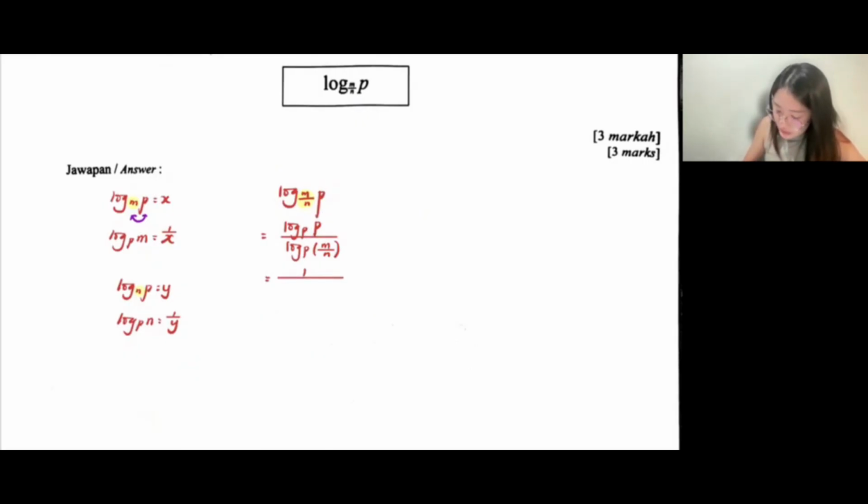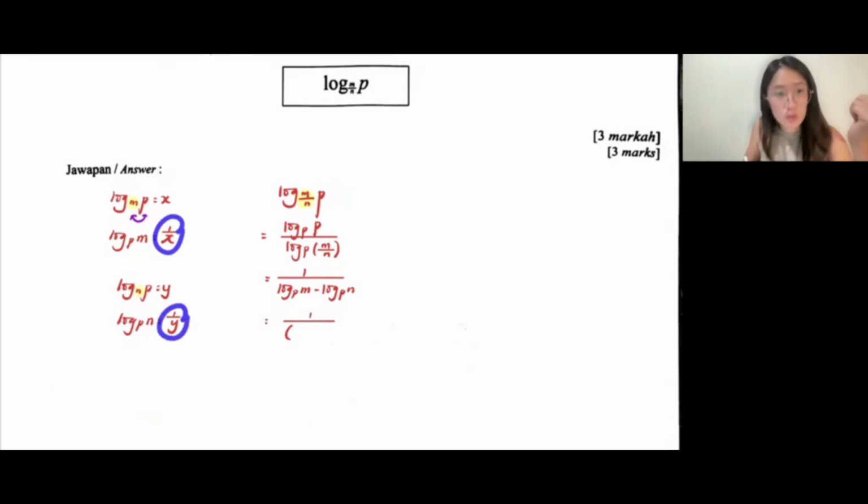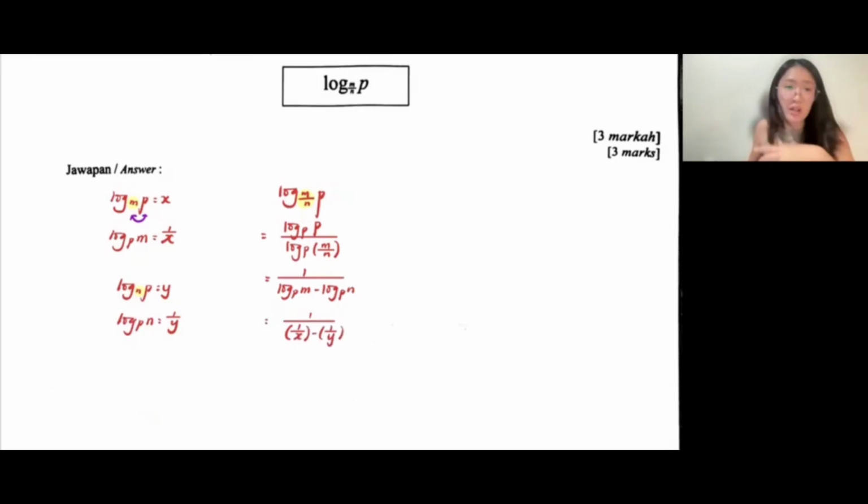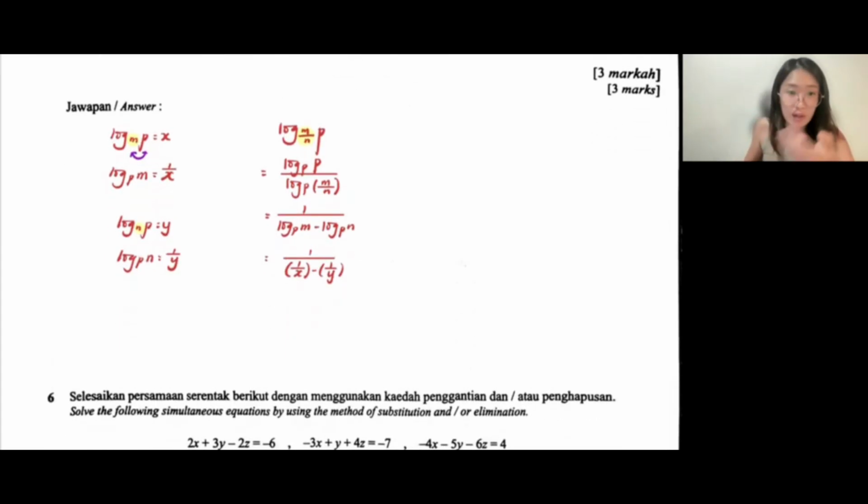Then at the bottom, denominator, we are going to split it. Log base p of m minus log base p of n. Quotient rule, so just split them. Then what we have here, for log base p of m, we can change to 1 over x, and log base p of n, we can change to 1 over y. So just sub it in, 1 over x minus 1 over y. Then you're not going to leave your answer like that. You have to simplify it. So over here, I'm going to merge the fractions together.